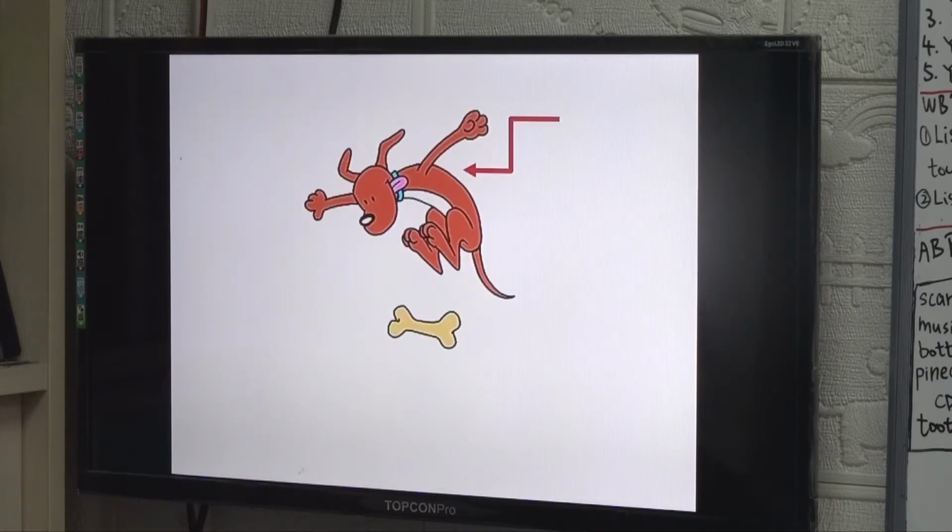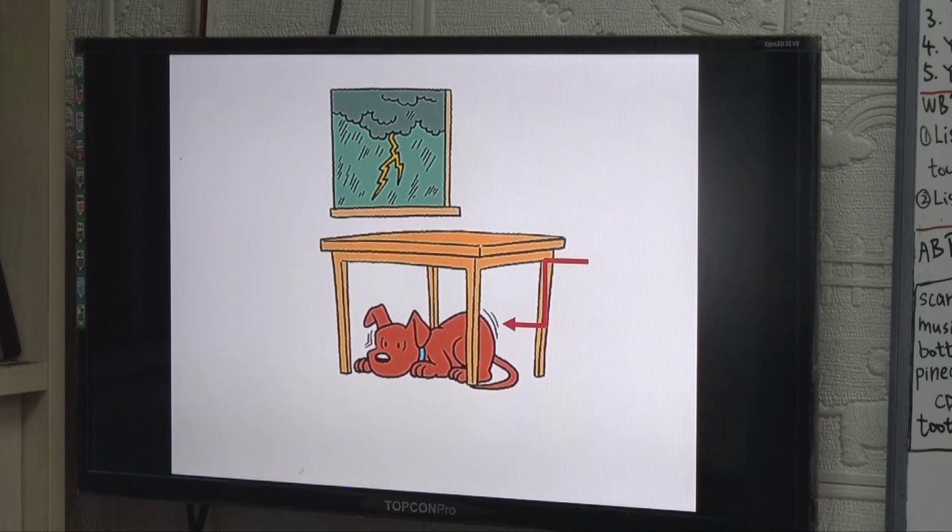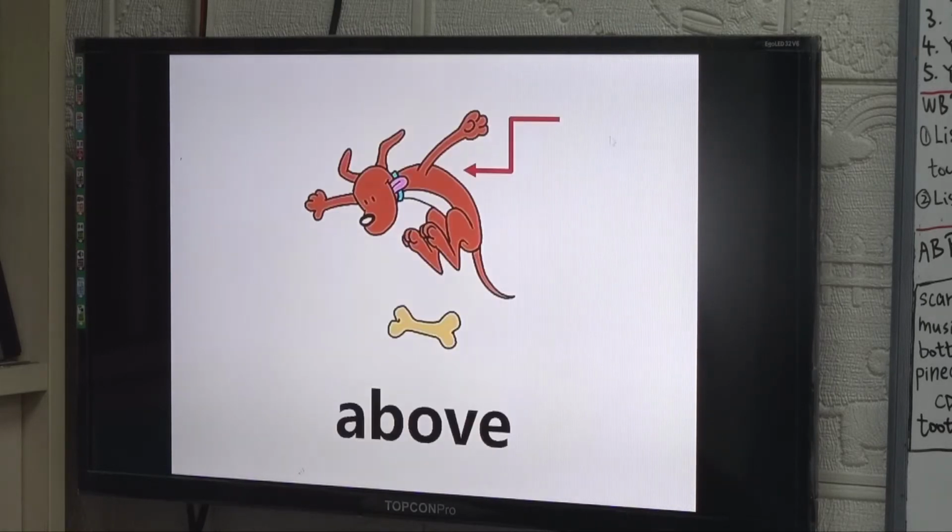Alright, so here's a direction. This direction is above, right? Above. Let's spell ABOVE. And the next one is, in the last picture, the dog was above the bone, right?